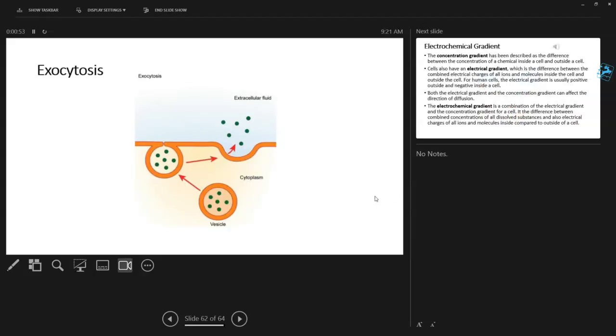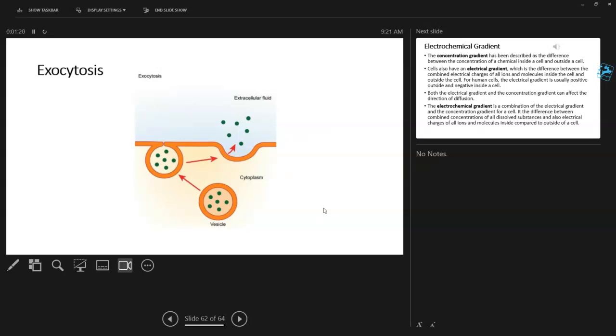If a cell produces something, it'll put it into a vesicle, and then that vesicle will move to the surface of the cell and just spits it out. So this is what happens in humans in cells of our glands. A gland is an organ that produces something that is then released from the gland into the body or onto the surface of the body.